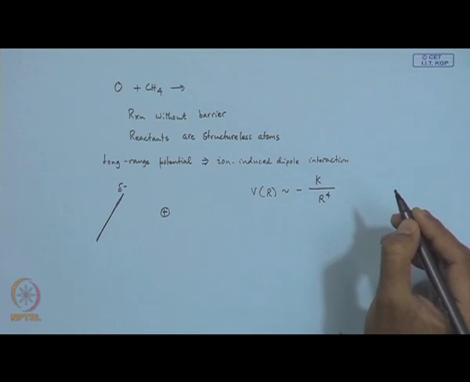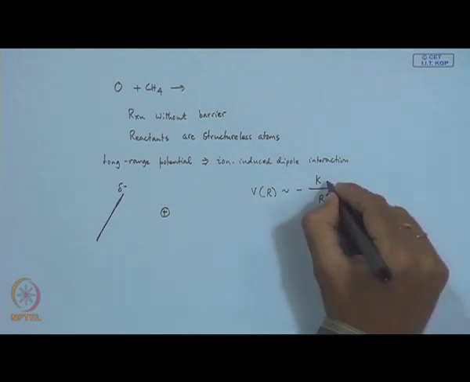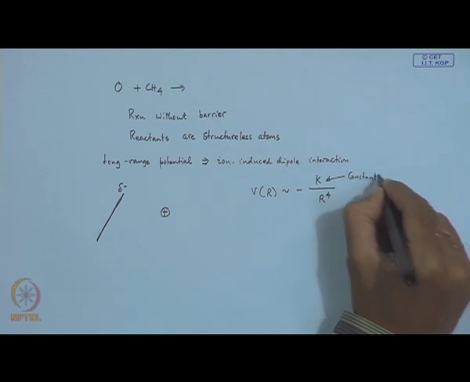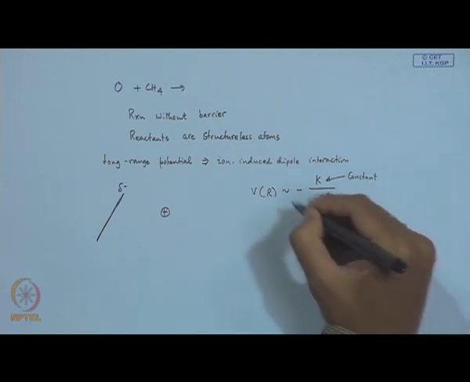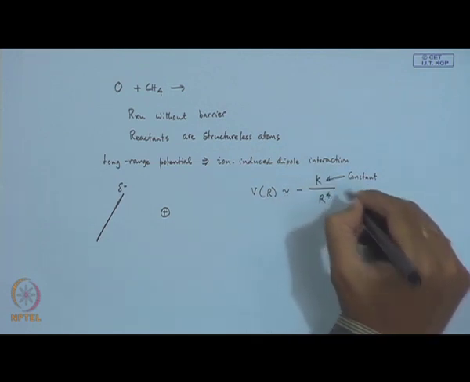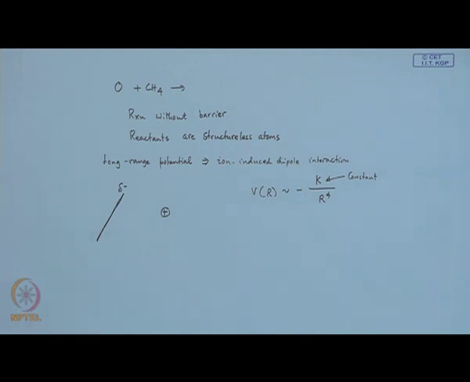So, this is the r to the power 4 law, where k is a constant. Okay. So, it is a negative value, which as r increases, this value decreases.